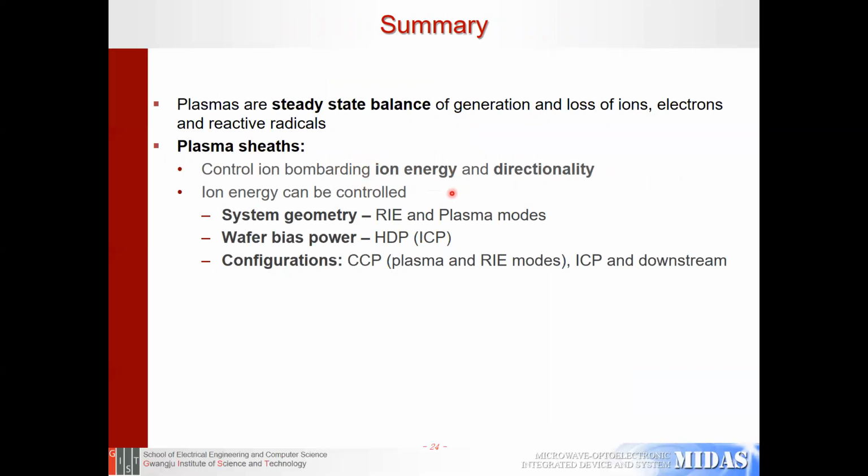The ion energy can be controlled by the system geometry where we do RIE or plasma mode etching, and we can control it by wafer bias in HDP and ICP configuration. The configurations include CCP, ICP, and the downstream.